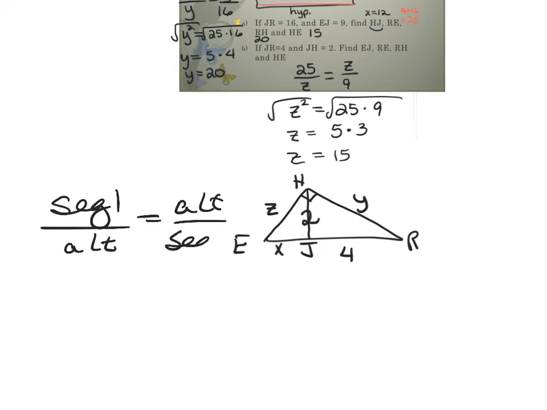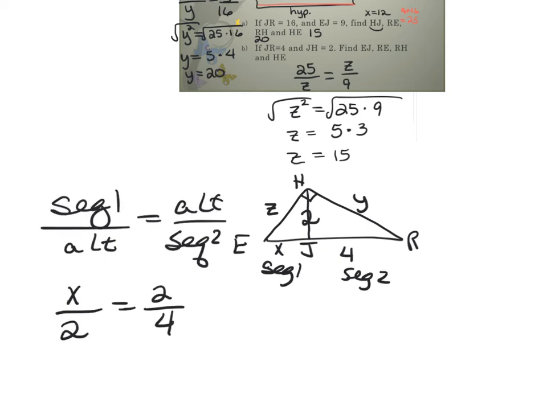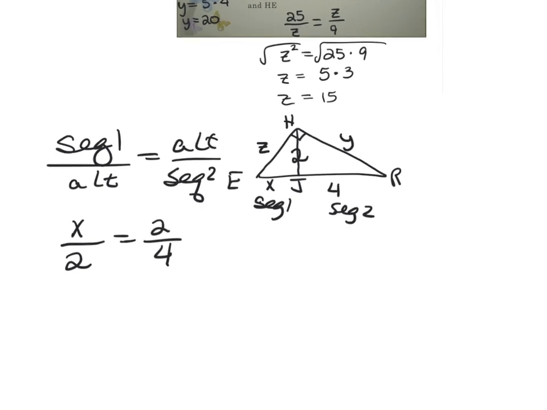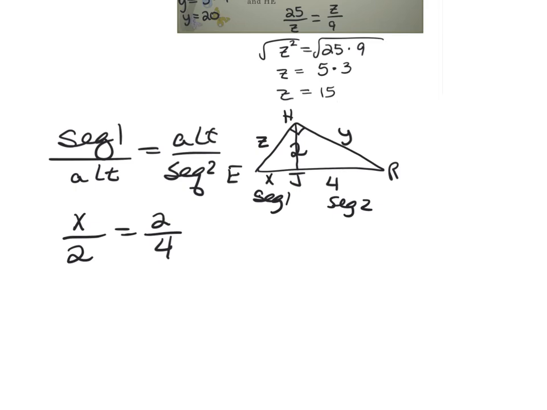All right, so again, I'm going to use segment 1 over altitude, and then altitude over segment 2. Again, this will be segment 1. This is segment 2. So segment 1 is X. Altitude is 2. Segment 2 is 4. So this one actually isn't a geometric mean. This one's just linear.